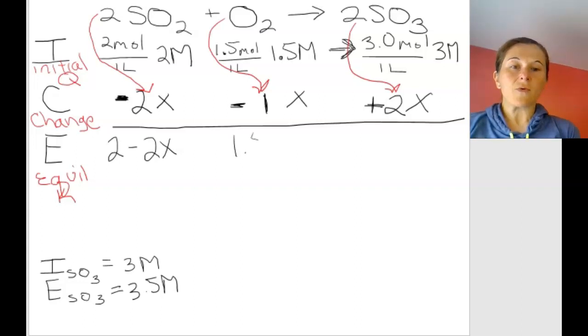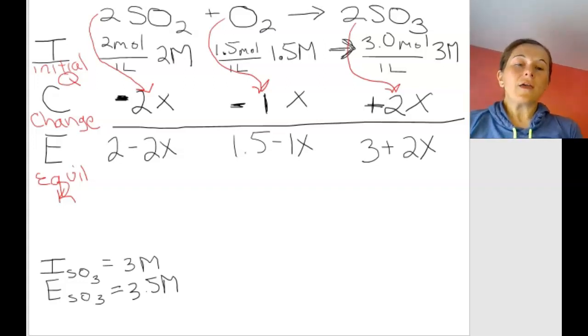Here we have 1.5, and we're going to lose 1x. And here we have 3, and we are going to gain 2x. All right, so now we know at equilibrium, these are going to be our concentrations.